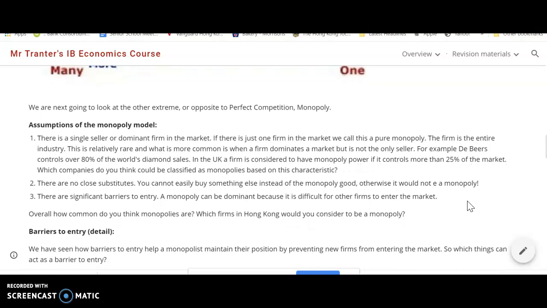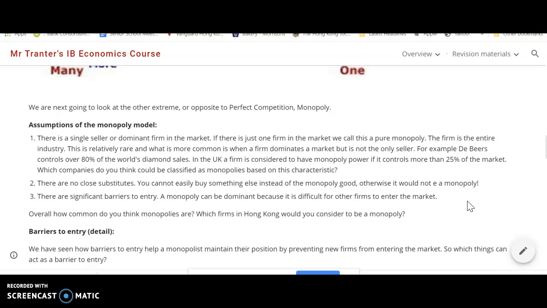So overall, what are the assumptions of a monopoly? What are the characteristics of a monopoly? A true monopoly has a single seller, but we can have an industry that we describe as a monopoly if there is one dominant firm. Okay, so in a pure monopoly, the firm is the entire industry.